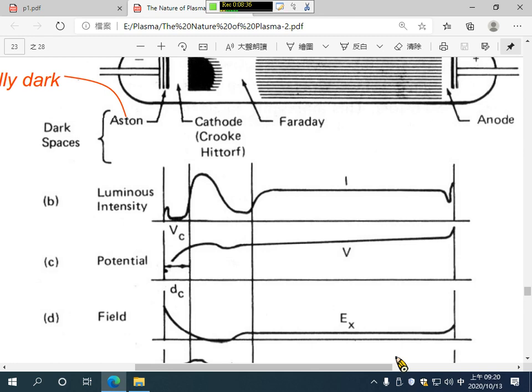These electrons can behave like primary electrons. When a primary electron meets a neutral gas atom, it can undergo electron impact excitation.